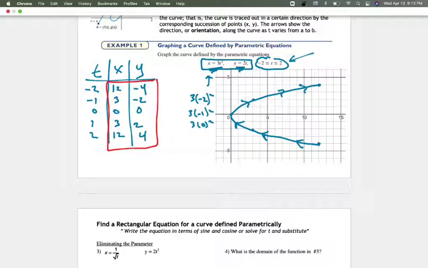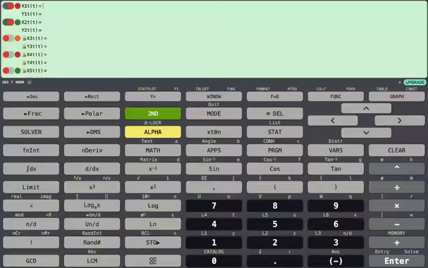All right, I want to show you now how to do this on your calculator. This is like a big TI-84 calculator, and I'm going to show you the steps that we would do on your calculator. The first thing you're going to want to do is change the mode.